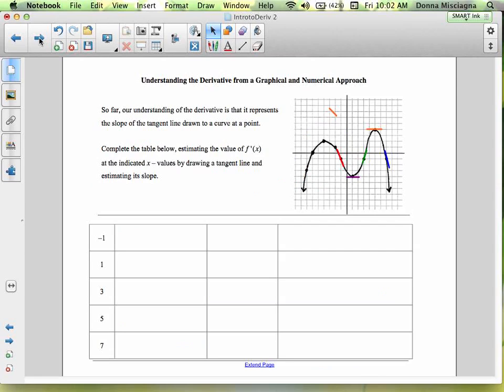All right, so negative 1 is over here, and that seems to be going down 3 to the right 1, so I'd say that's a slope of negative 3. Oh, we lost what it said on the top of the table, so let's write that in.